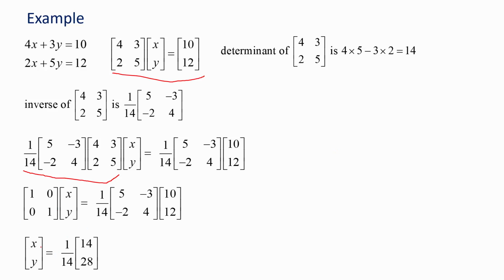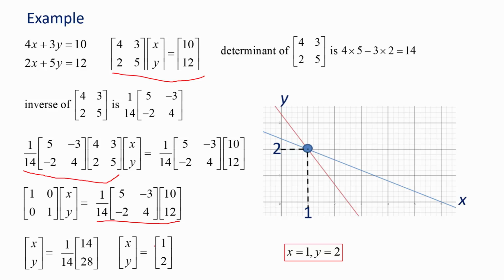And on the left that becomes (x, y). And if we perform the matrix multiplication on the right hand side, we obtain matrix 14, 28. And the 1 over 14 means of course we can divide each of the numbers 14 and 28 by 14. And that gives us a final value of x equals 1, y equals 2.